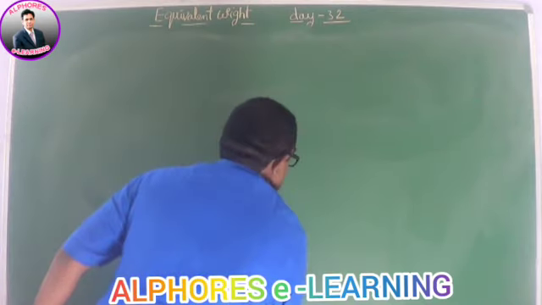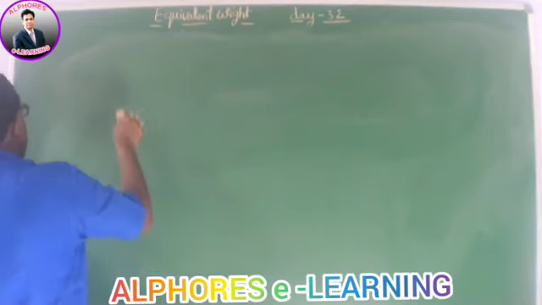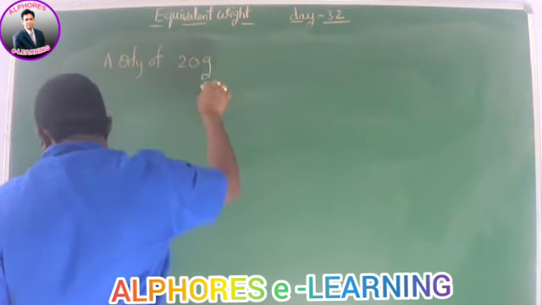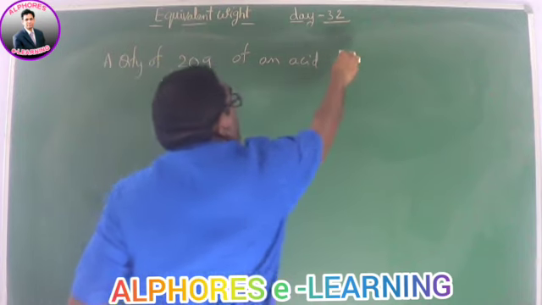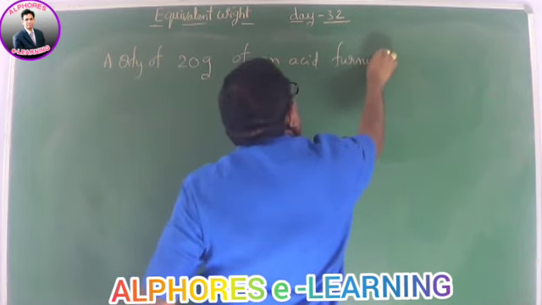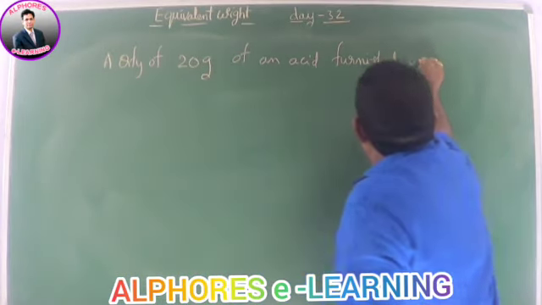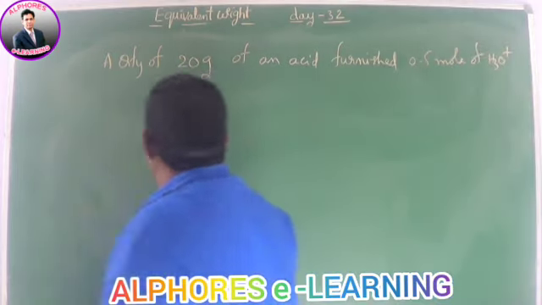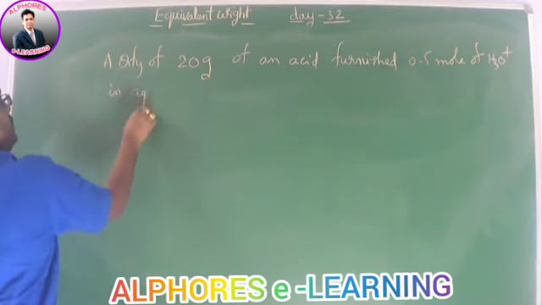Okay, students, write down the next one. I am dictating the question. Please write down. A quantity of 20 grams of an acid furnished 0.5 mole of H3O plus in aqueous solution.